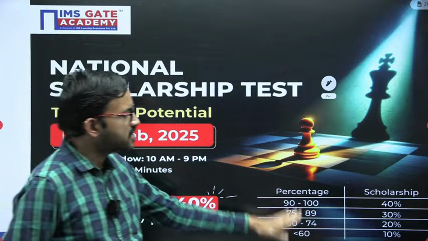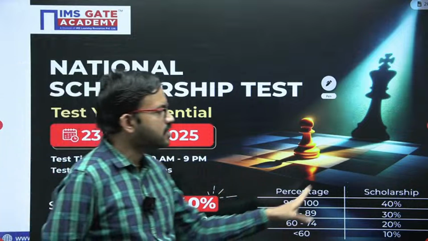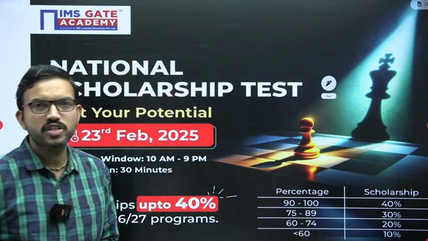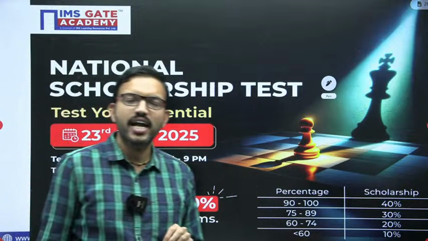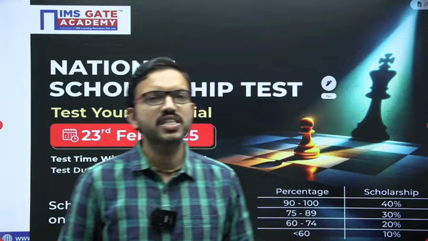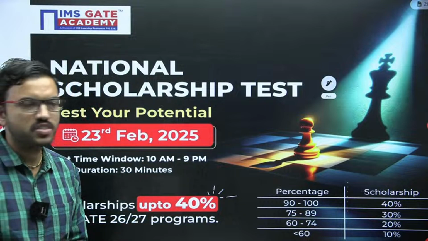Based on the percentage of marks you get in this test, you will get the corresponding scholarship. Those details you can see here. You can share this valuable information with your friends and juniors, especially whoever is targeting GATE 2026 or 27 programs.